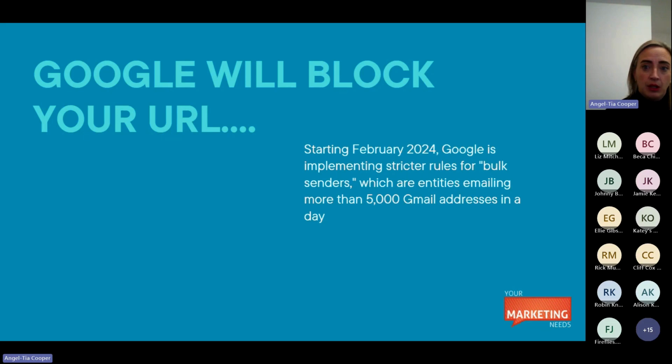What the new rule is, if you send out anything over 5,000 initially, and you get one spam complaint, I think it's like 0.1% spam complaints, then Google will block your URL. They've not said how long they'll block it for, or how long you'll be in Google jail.